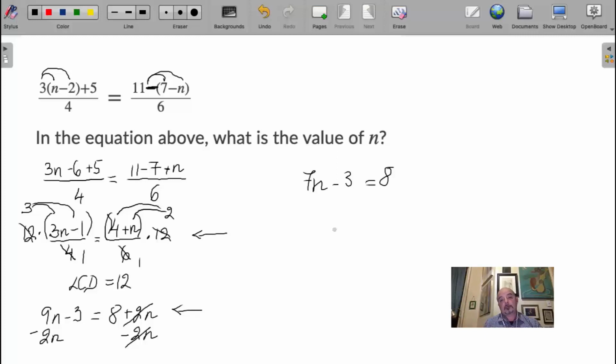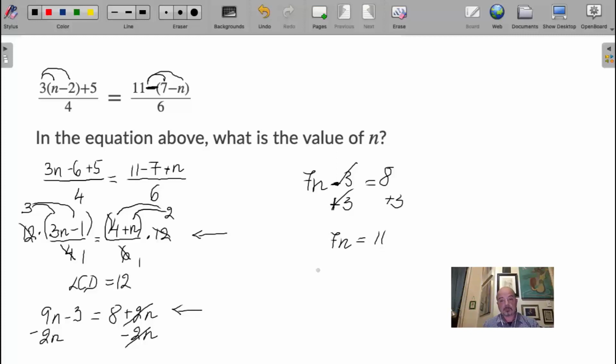And now group the constants to the right-hand side. Since this is minus 3, do the inverse operation, so plus 3 on both sides, which cancels the 3 from here, and we obtain 7n equals 11.